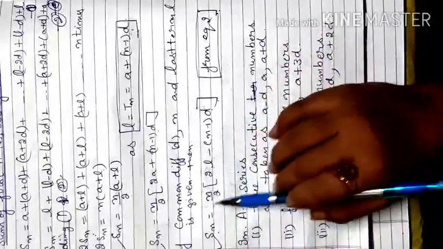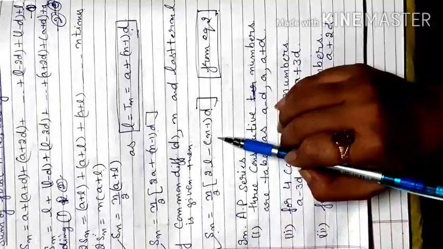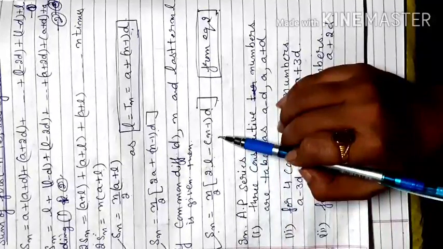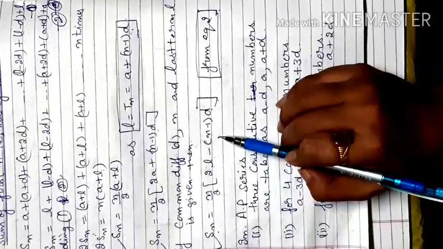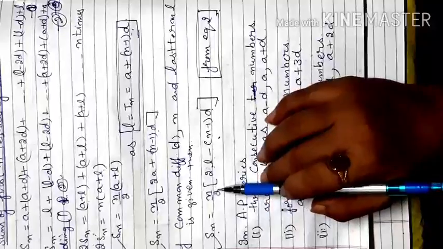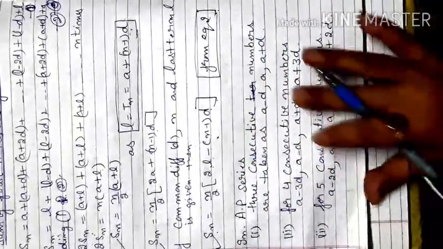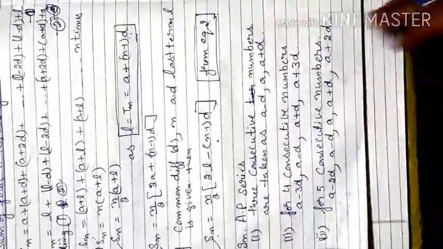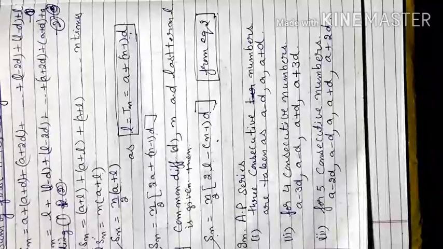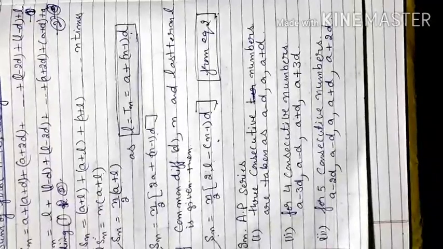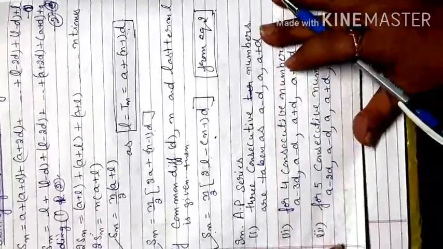So you have to apply that formula when the last term is given, the difference is given, no first term is given, and you have to find the sum of n terms. Or else you can find the last term, you have differences given like that, so whichever term is missing, you have to apply the formula.